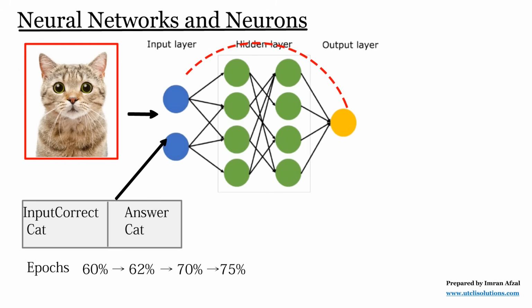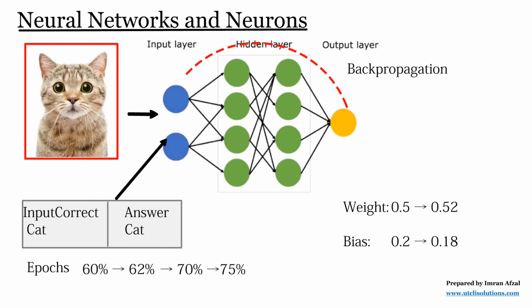This is done using a process called backpropagation. Backpropagation means sending the error back through the network and adjusting the weights layer by layer. It is like telling each neuron, "Hey, your guess was a little too high. Adjust yourself." These tiny changes add up, and the network gets smarter.